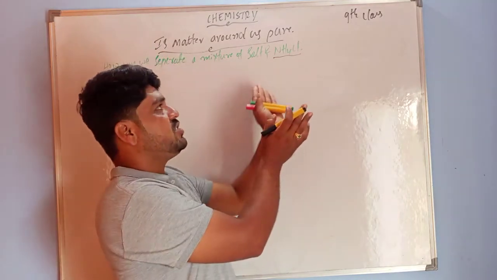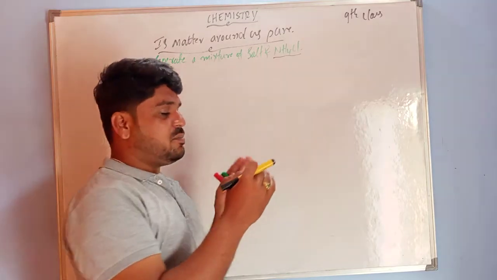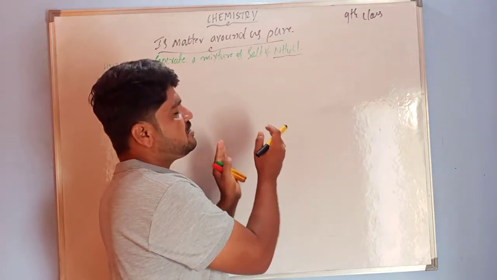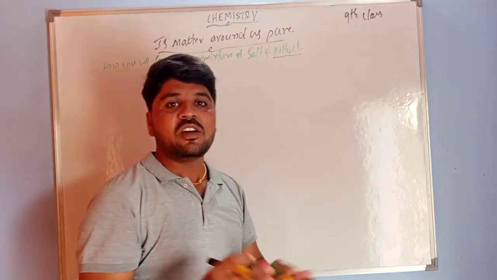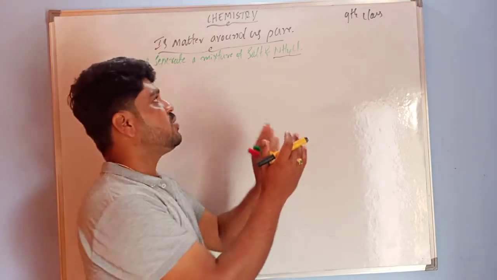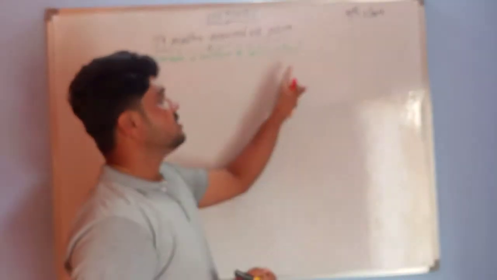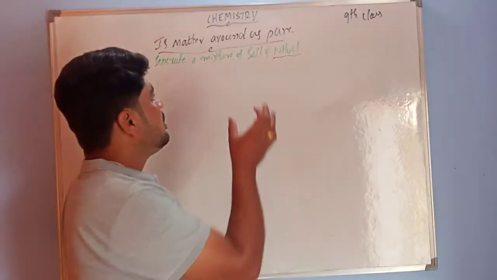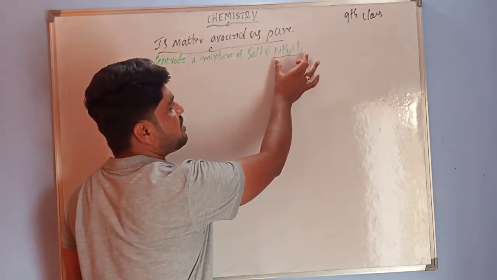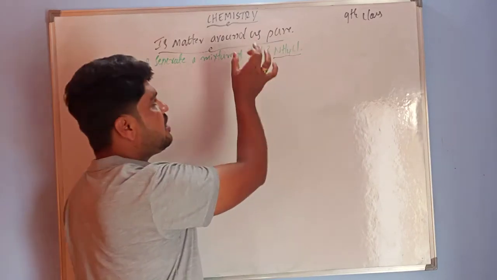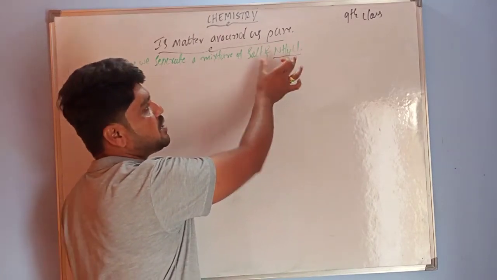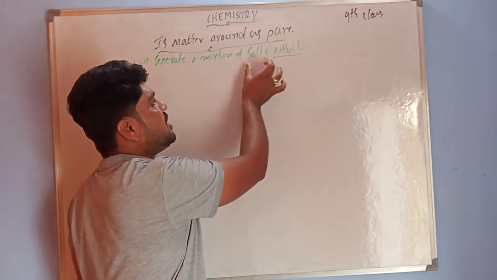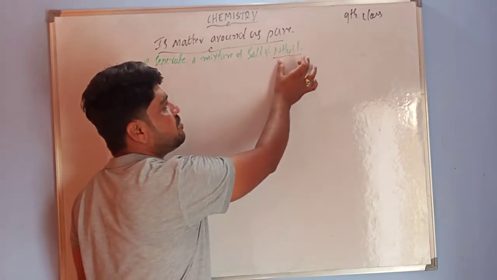What is meant by sublimation? The process in which a solid directly changes into gaseous state. An example is ammonium chloride. So here we have one sublimable component and another non-sublimable component.